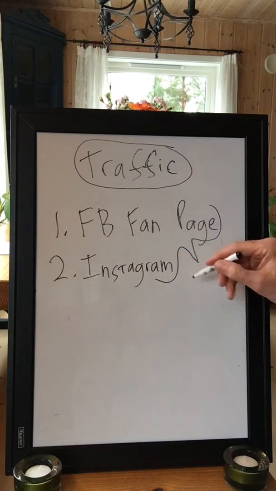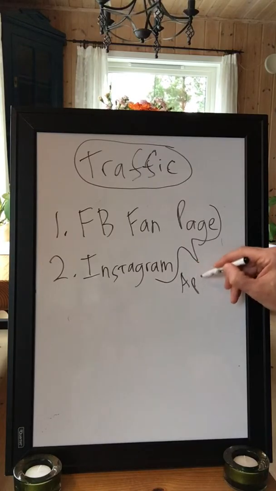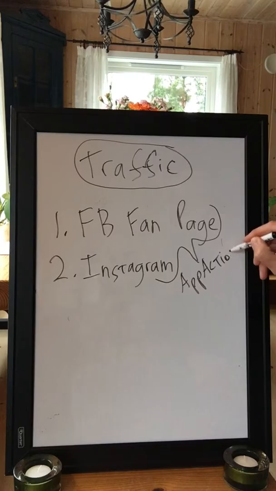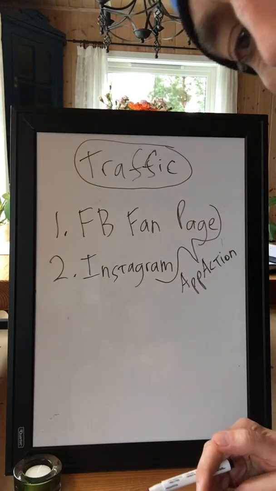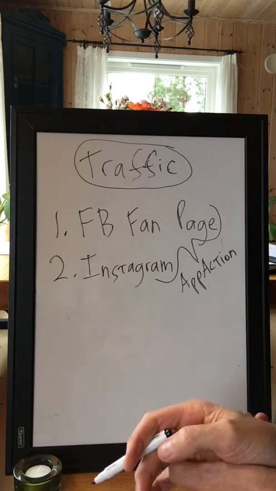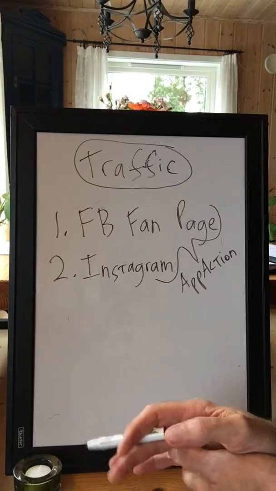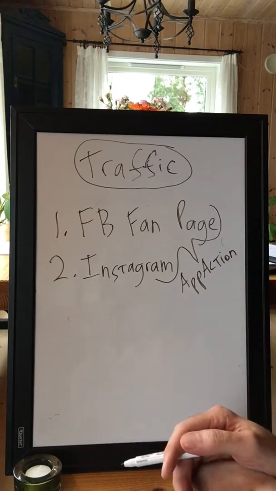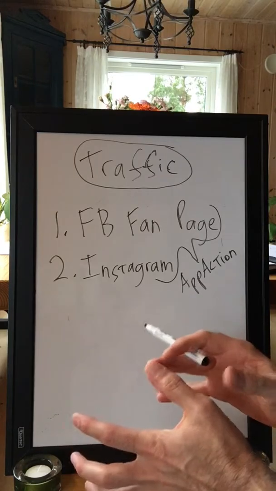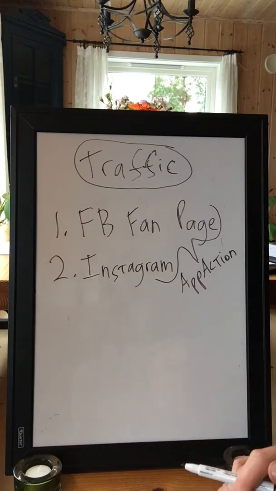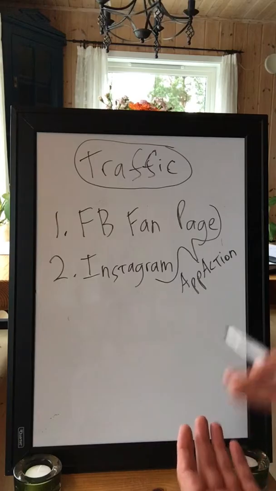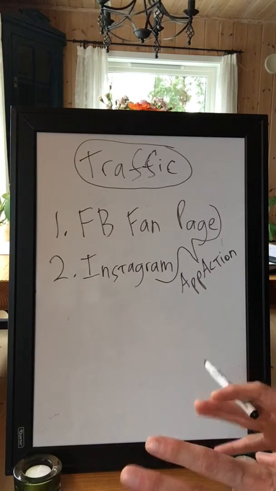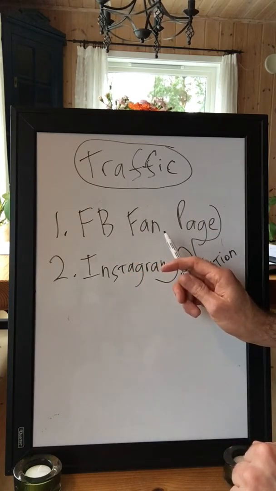That app is called App Action. And you want to go to App Action on your desktop or laptop computer and search for App Action in Google. And you'll set it up on your desktop computer, and then you'll find that when you're on your mobile doing an Instagram post, it will automatically go to your Facebook fan page.